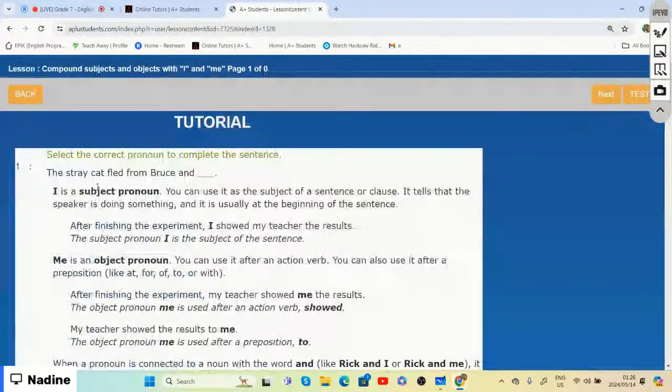So for example, if we look at the sentence, it says the stray cat fled from Bruce and, are we going to add a subject pronoun or an object pronoun, I or me? It says the stray cat fled from Bruce and, do we say Bruce and me or Bruce and I?